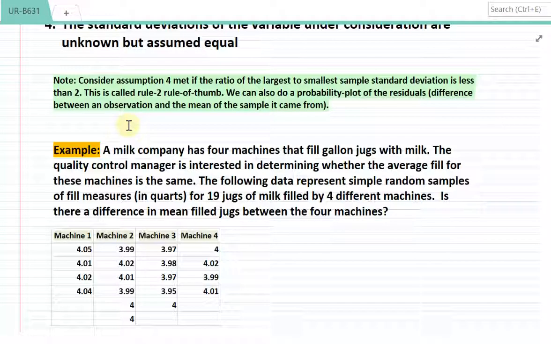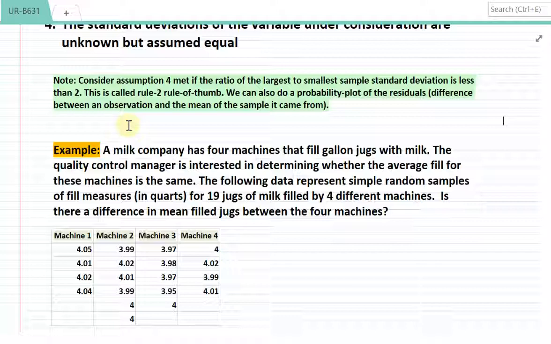The quality control manager is interested in determining whether the average fill for these machines is the same. Now these could be machines from the same brand, or they could be machines from 4 different manufacturers. Just for this part, we don't care. It's just we have 4 machines, we want to compare them.